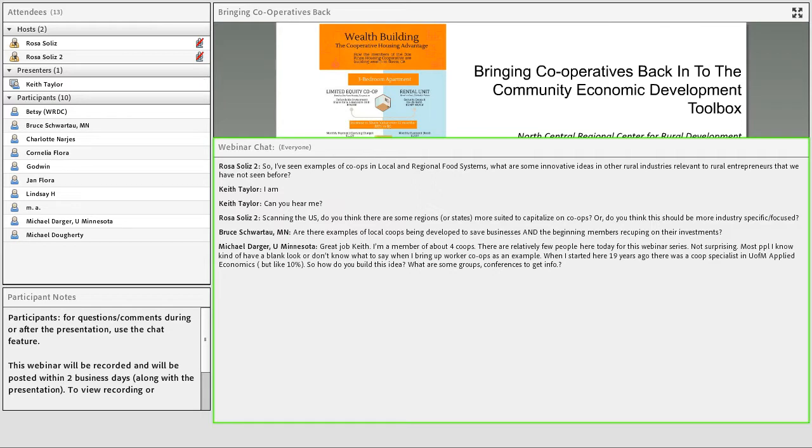Places like Minnesota, Colorado, Wisconsin, Vermont, they have very favorable policies and regulations for the growth of cooperatives. And one of the advantages in the United States of incorporating is you can incorporate in another state. So if your state doesn't have favorable cooperative statutes, you can incorporate in another state to get those advantages.